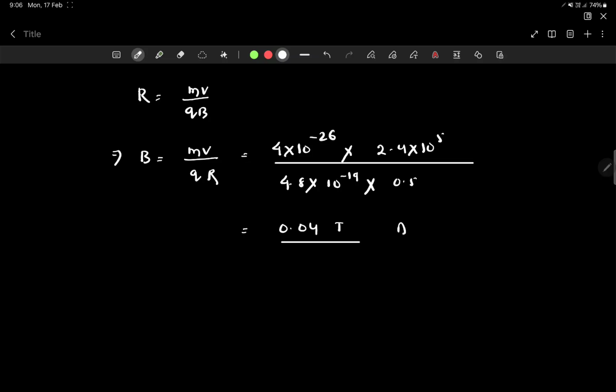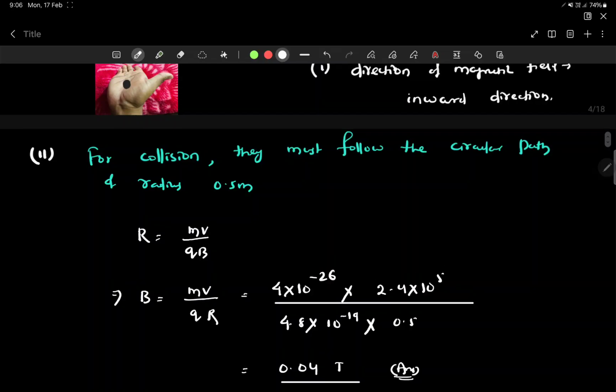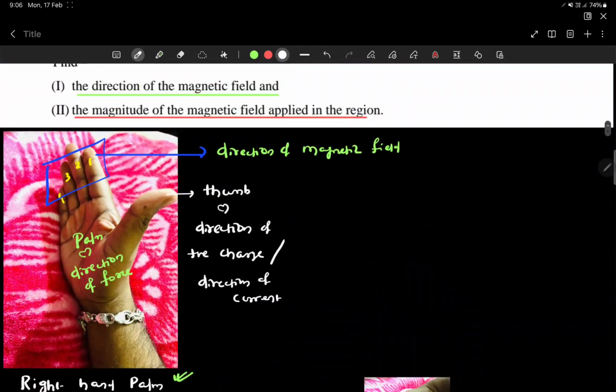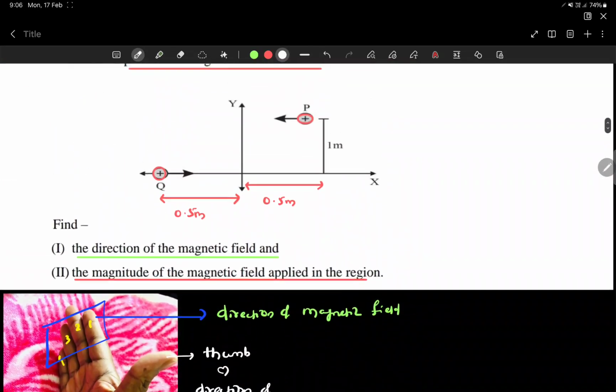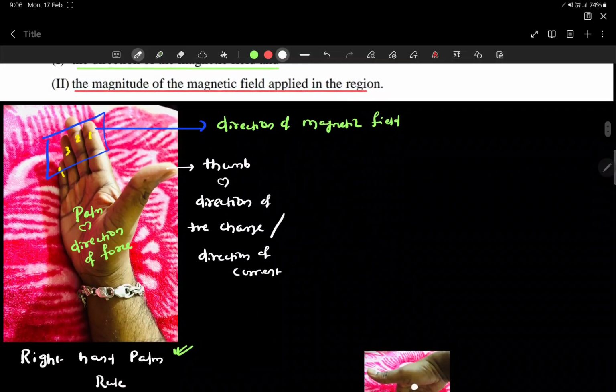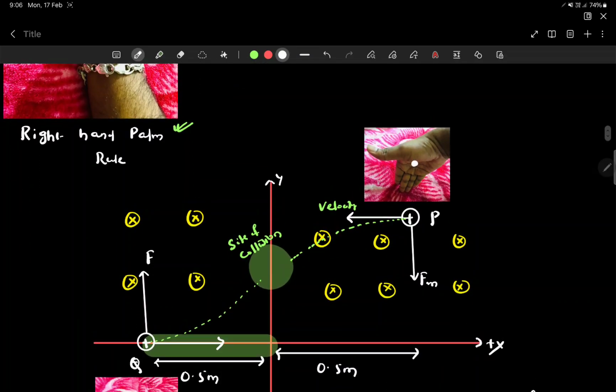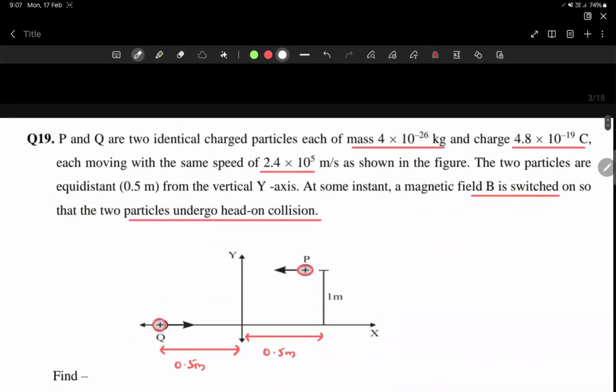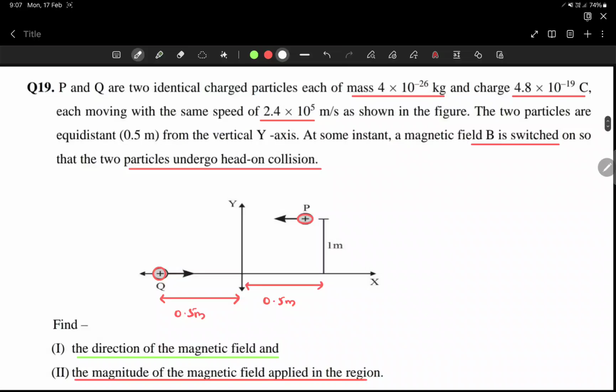This is your answer. Again I suggest all of you please see this right hand palm rule properly. After that you can understand this question. I hope it is clear to all of you.